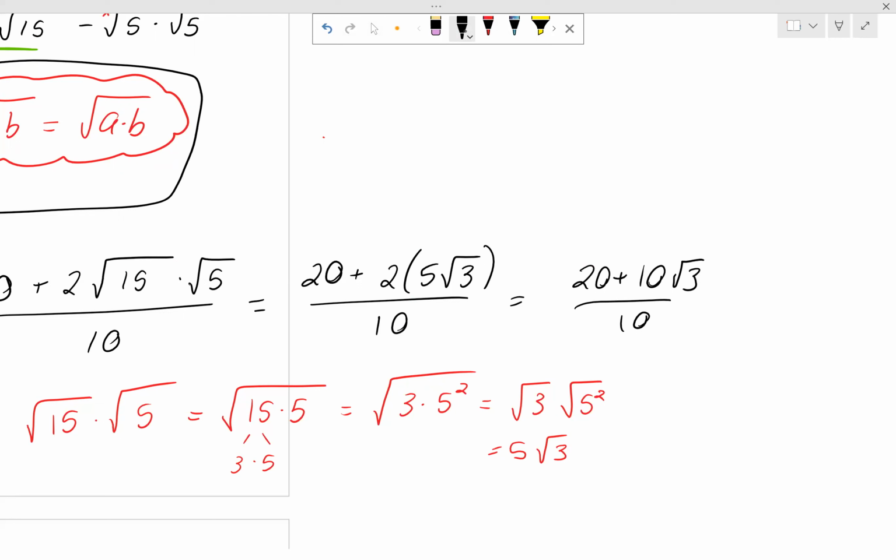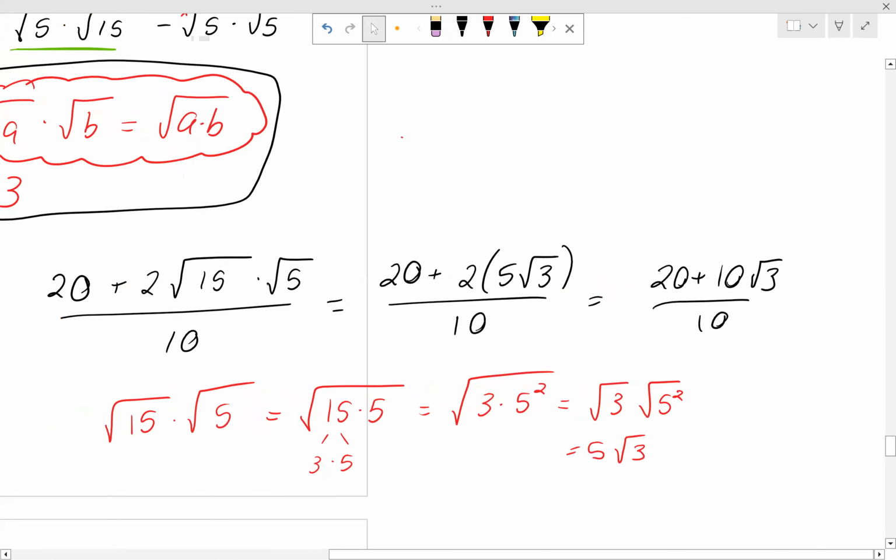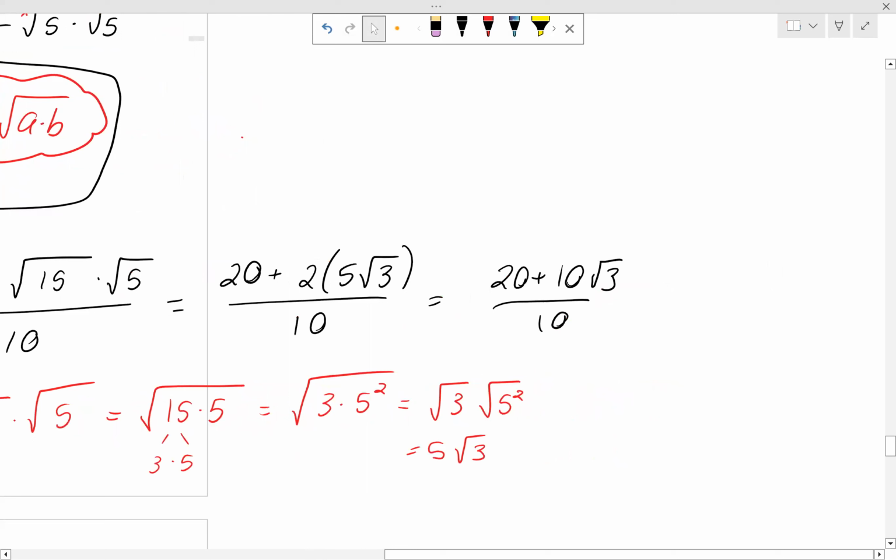All right. So up to here, we've been using all the properties that we've been learning about the square roots. We can split them up. The square root of something squared is that something that we squared. So after this, what I'm going to do is just simplify a little bit more.